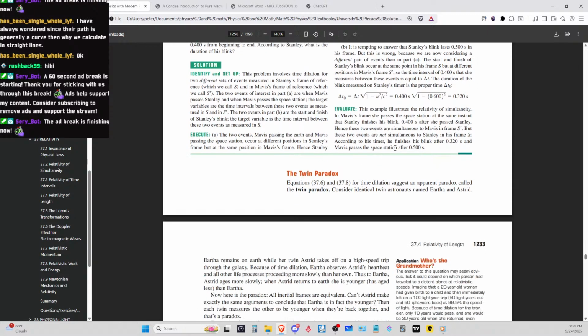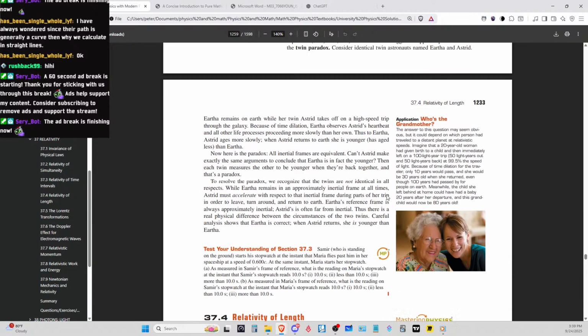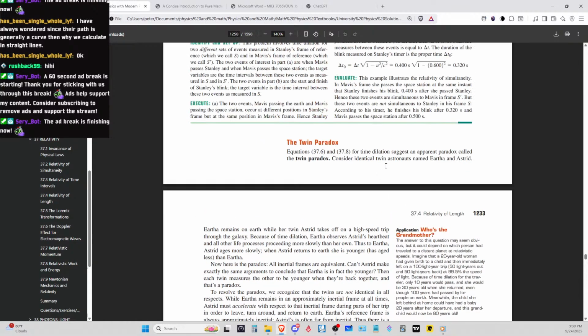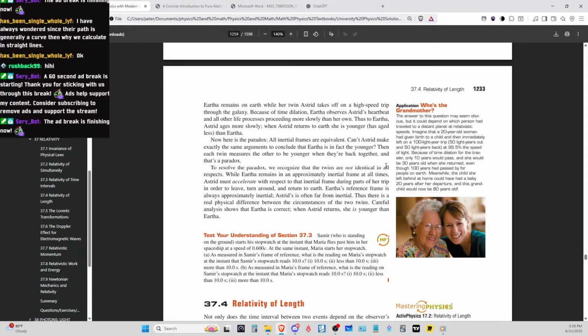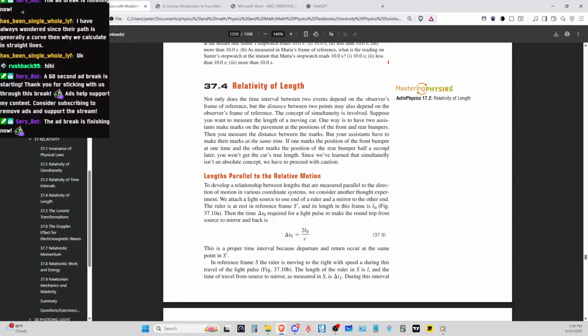So I think that depends on the perspective there. Oh yeah, the twin paradox. I think we've heard that story many times, or that thought experiment, I should say.